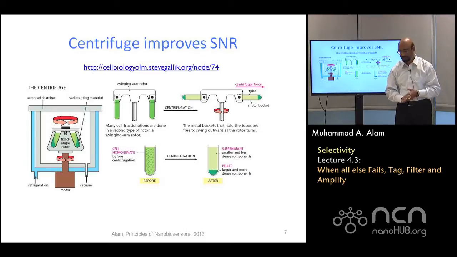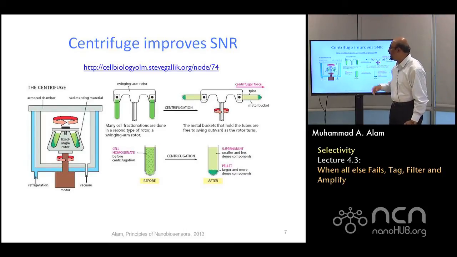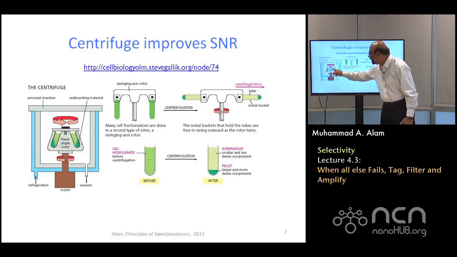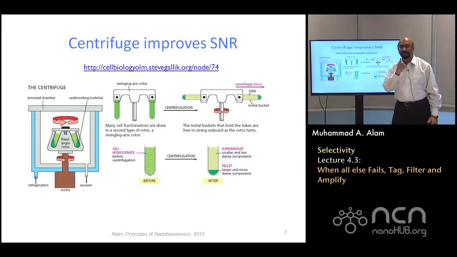How are you going to get the protein? Well, the way to get it is to centrifuge it. So you put the content of the cell in the solution, and then spin it at a very high speed.